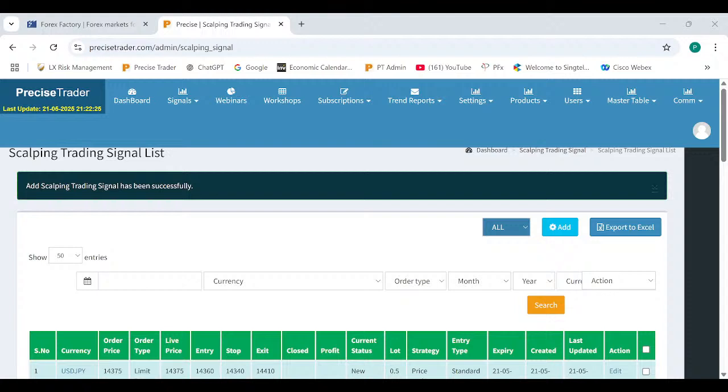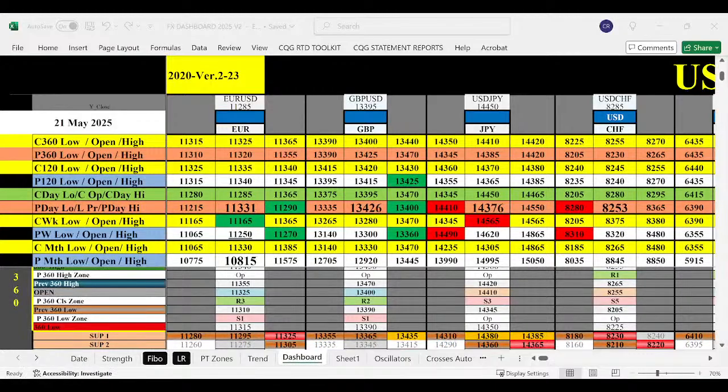What we can do is your previous... Sorry, sorry, I think there was a disconnection from the system. Okay, so now what we can do, we can go for another buy.